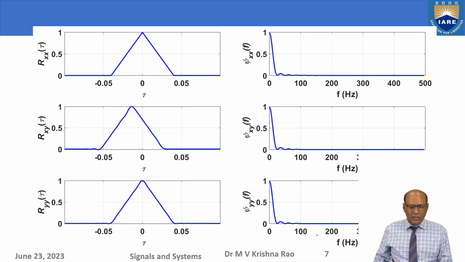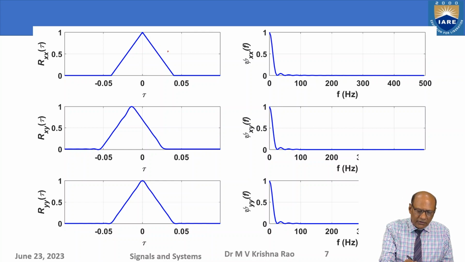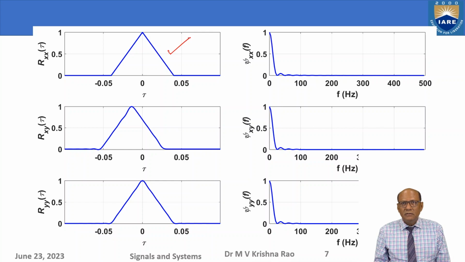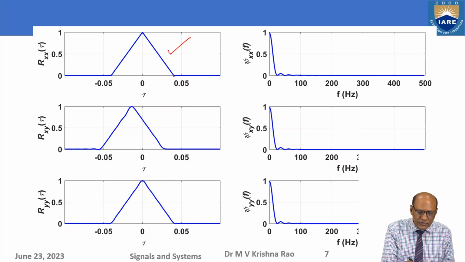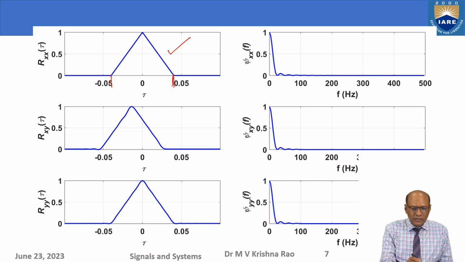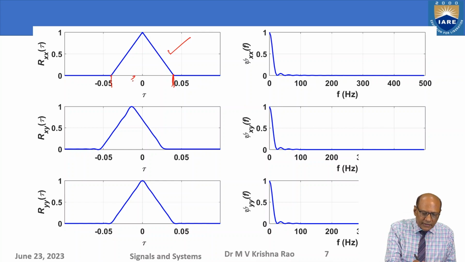That's all. Now let us consider the autocorrelation function. You have already seen it is a very clean triangular function. This is 40 milliseconds, this is 40 and this is minus 40. The total width is 80 milliseconds here.